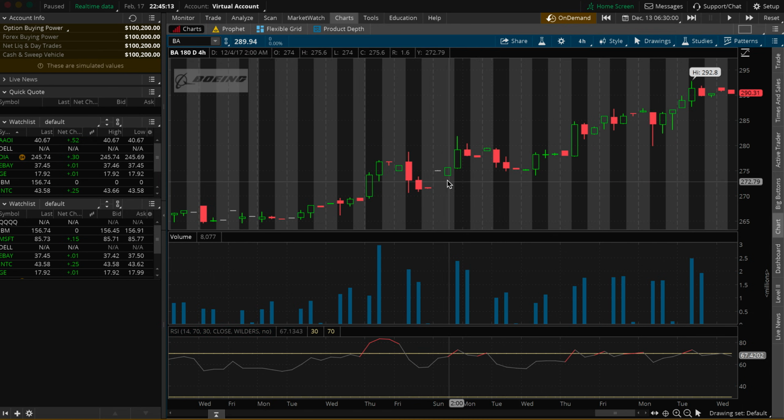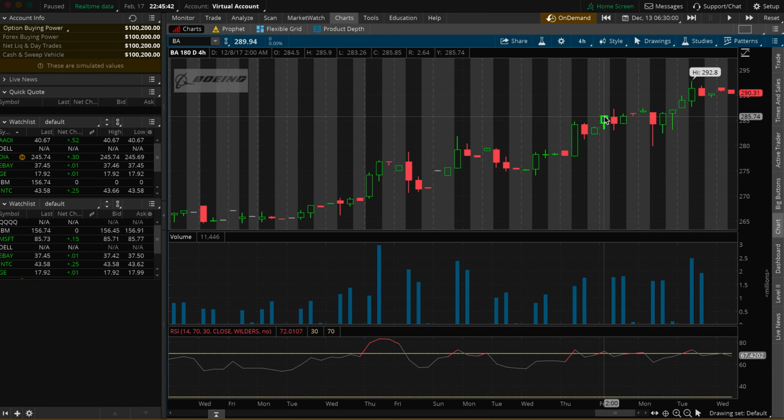So I look for support and resistance lines on the price action. I trade off the 5-minute chart, but I go up to the 4-hour chart just to see what's going on. I could see right here, this price action, as it's trending up, it's a little consolidated here, and it broke past that.